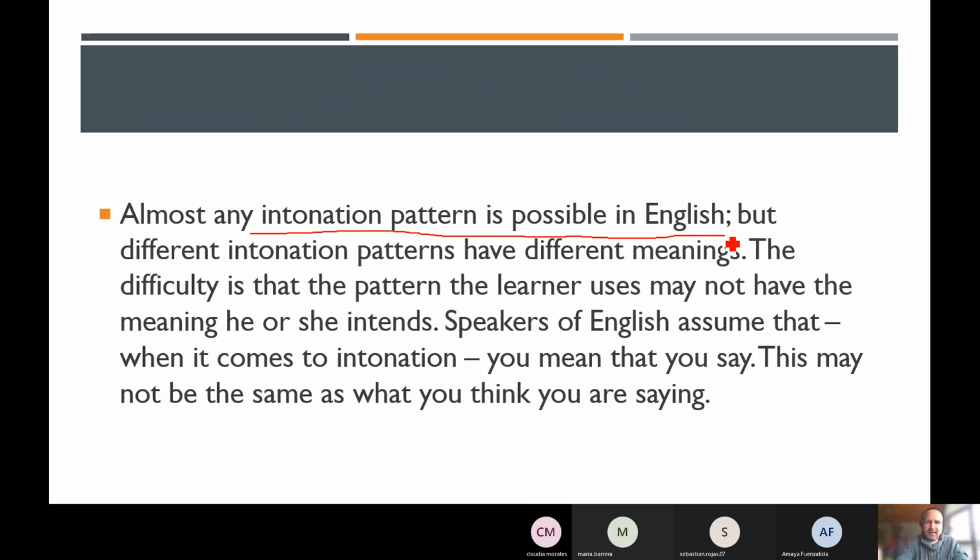And we're going to learn when we deal with the functions of the intonation that you use intonation to express emotions, but also you use intonation to coordinate or organize your thoughts. If you pay attention to what I said before, you use intonation to coordinate your thoughts. To coordinate your thoughts. I made a pause, and the intonation pattern that I used was falling intonation.